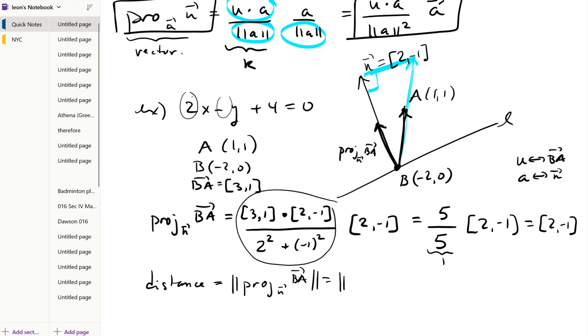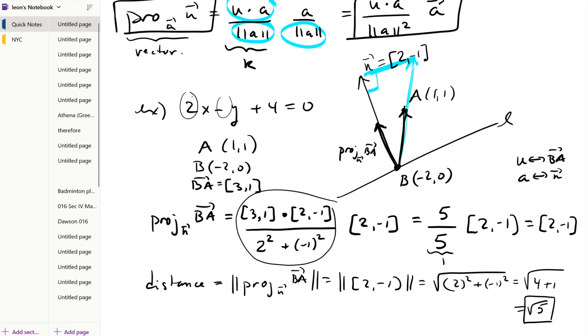So I take the norm of the vector (2, minus 1). I get the square root of 2 squared plus minus 1 squared. That gives me the square root of 4 plus 1, the square root of 5, and that's the distance between the point and the line.